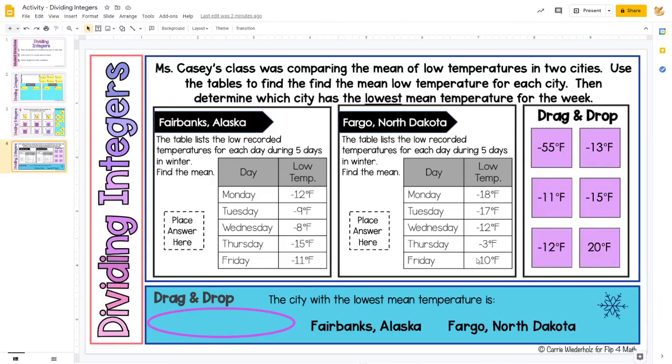Now, remember, I had a negative 55 divided by 5. Those were 2 different signs, so my answer is negative 11. You do the same thing here, add them up, divide by 5, find out which one has the lower degree and move this circle over to them.